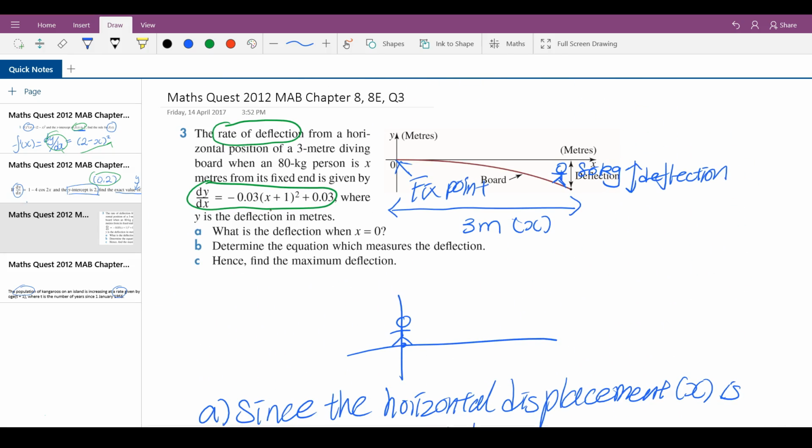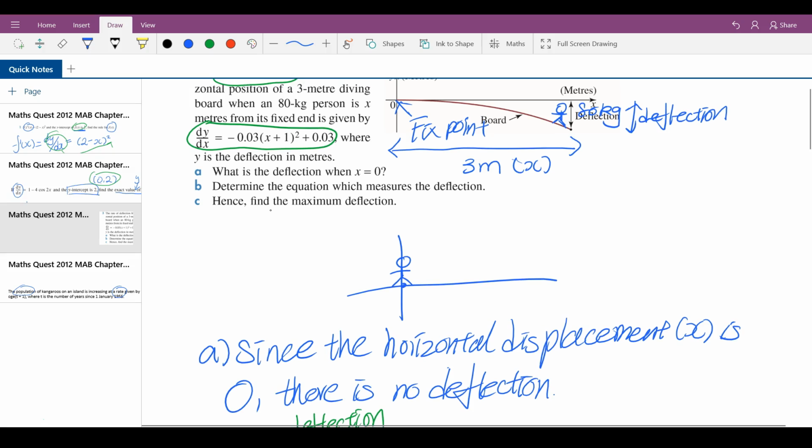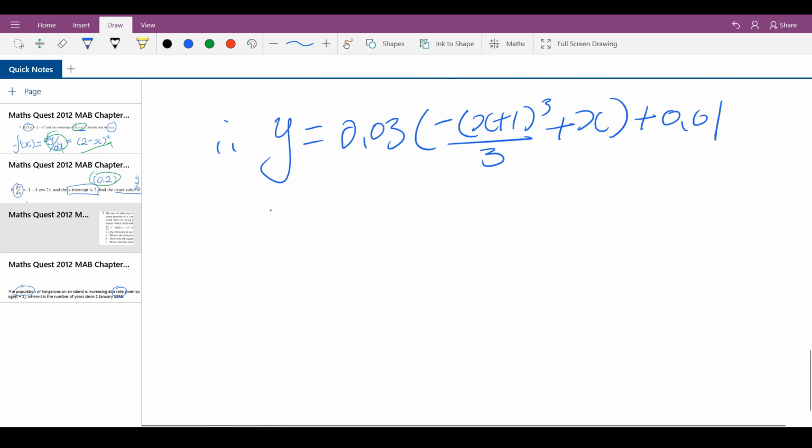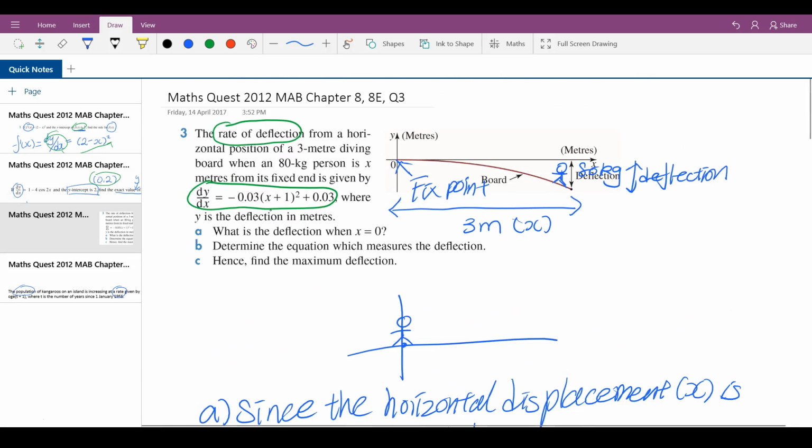I know that we will need that to find the answer to the last question, which will be C: find the maximum deflection. So what does it mean by maximum deflection? Remember, our diving board is 3 meters long. So the maximum deflection obviously happens if you're standing on the edge of that 3 meters.